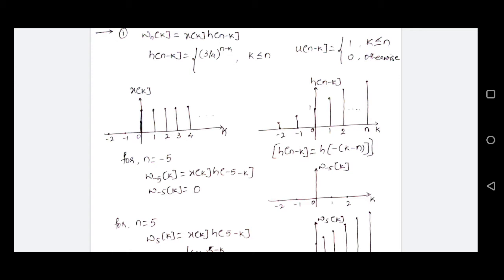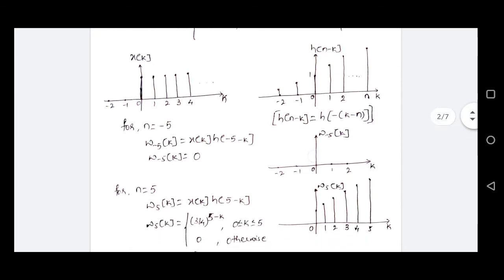So even if you multiply 0 samples with the non-zero samples, it will be 0. So the intermediate signal w of -5 of k is 0. Because the intermediate signal is 0, if you use it in the output convolution summation, the output will be 0.